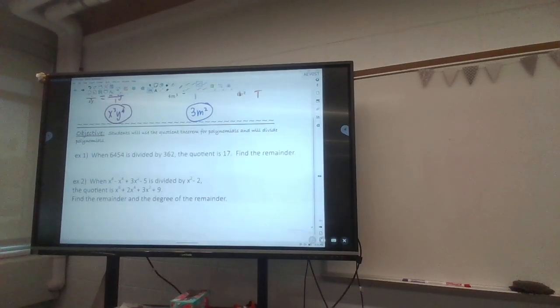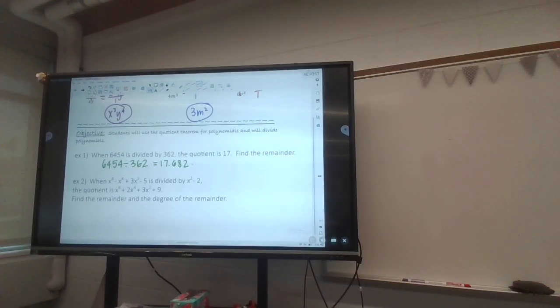The quotient is typically like that whole number answer. And we're going to take these notes today, and then we're going to end up practicing this again tomorrow.